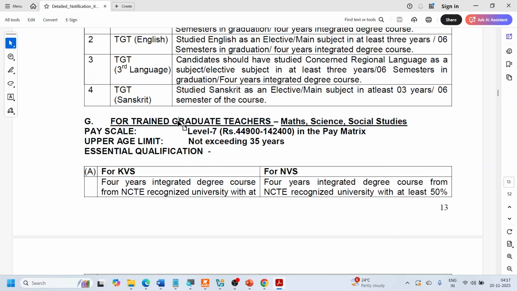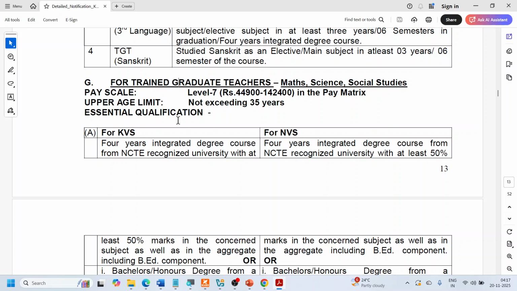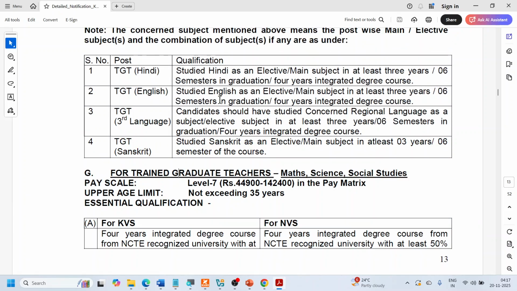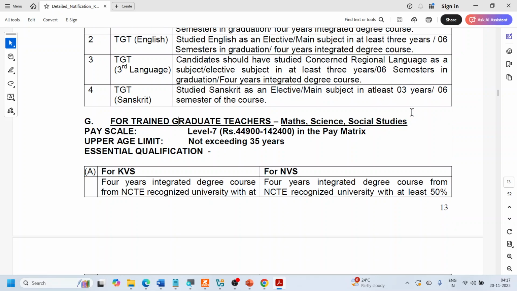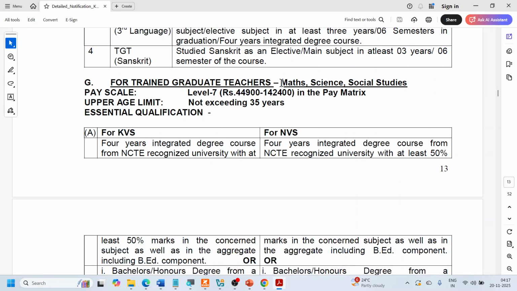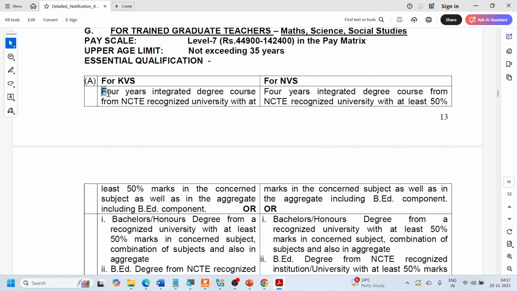This is TGT teachers. So if you are applying for that, I've skipped the languages because I'm most biased towards computer science and the science subjects. Definitely, social studies subjects are also there. So, what are the things you must have?